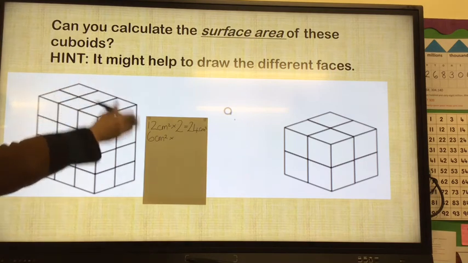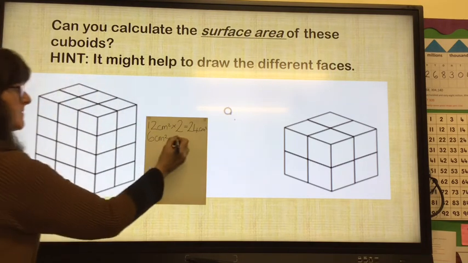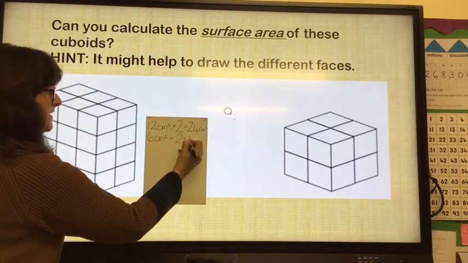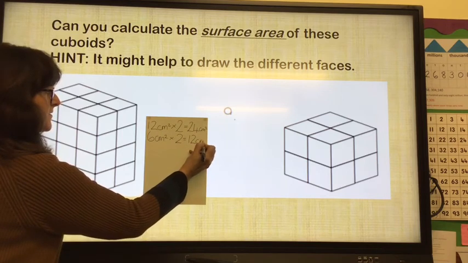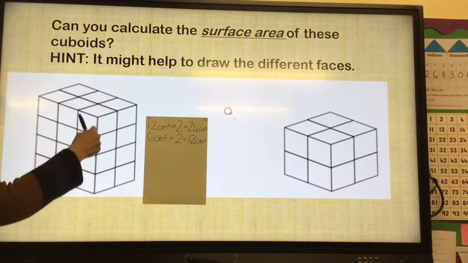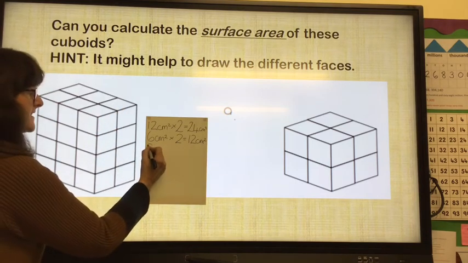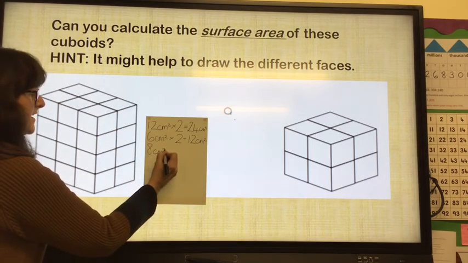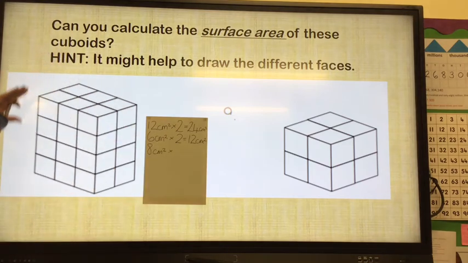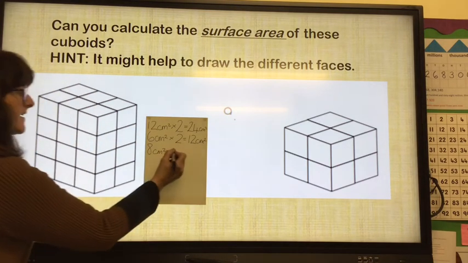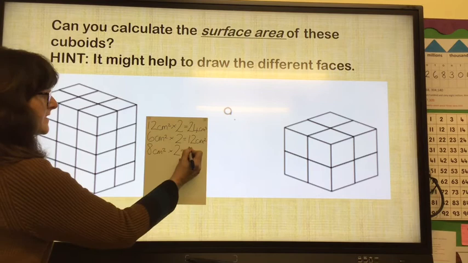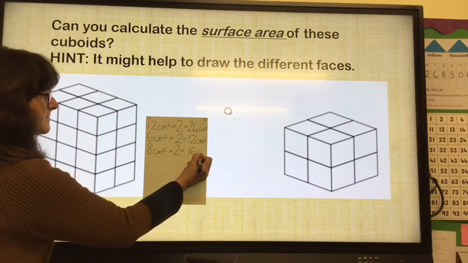And the bottom face will mirror that face, so there must be 2 of those. That will be 12 centimetres squared. And finally we'll look at this face here, which is 2 times 4, so that's 8 centimetres squared, and that will have a matching face at the back, times 2, so that's 16 centimetres squared.